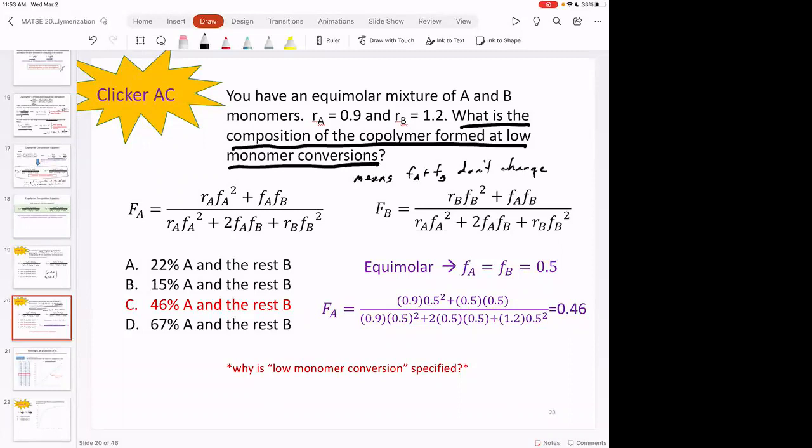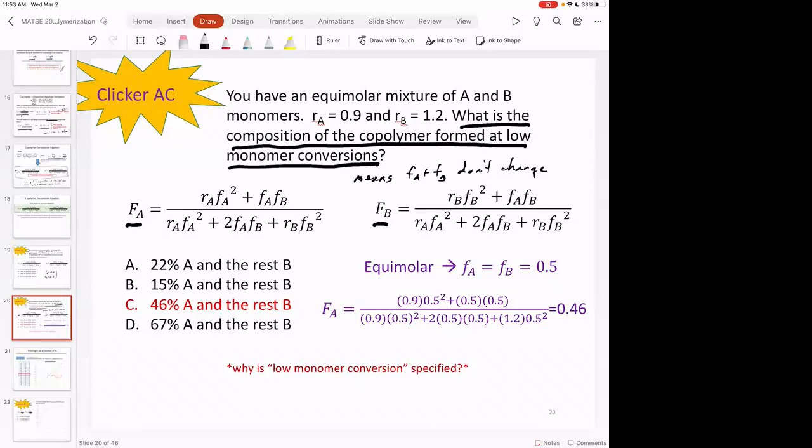So we start with an equimolar mixture. We run a very small conversion, like 5%, and then we see what the copolymer composition is. And we're trying to solve for Fa and Fb. Do we have to solve for both of them? Do we have to plug and chug both Fa and Fb? Why not?